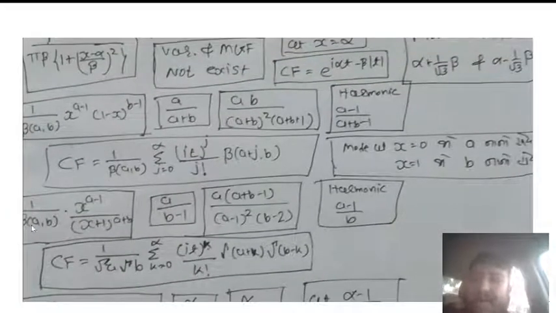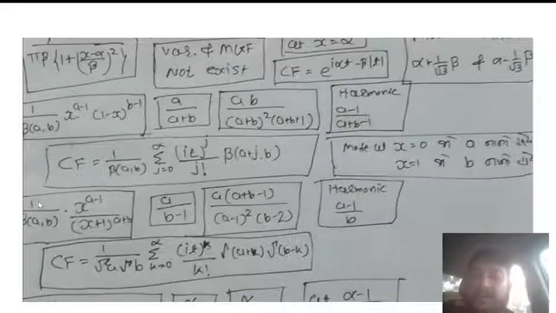It is 1 upon beta of a, b into x raised to a minus 1 upon x plus 1 raised to a plus b. Just compare both these distribution functions. This is the distribution function of beta of first kind, and this is the distribution function of beta of second kind.